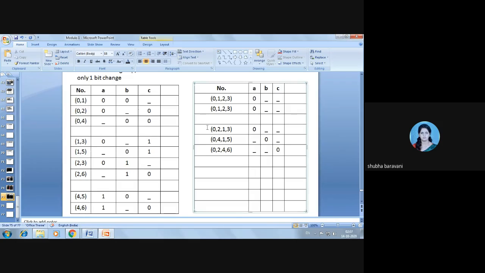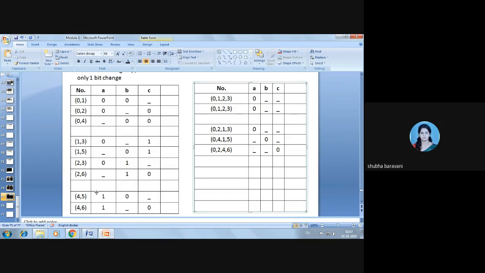Next, what I'll do? I'll compare 1 3 with 4 5. Check if it is possible. 1 3 with 4 5 not possible. 1 3 with 4 6 not possible. Then 1 5 with 4 5 not possible. 1 5 with 4 6 not possible.